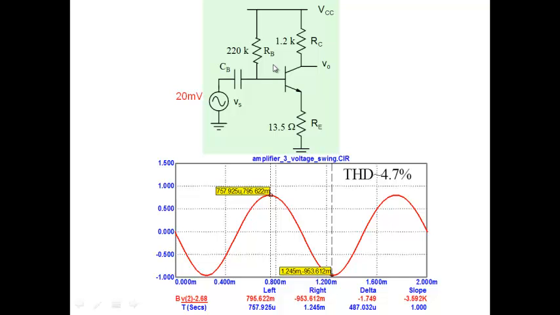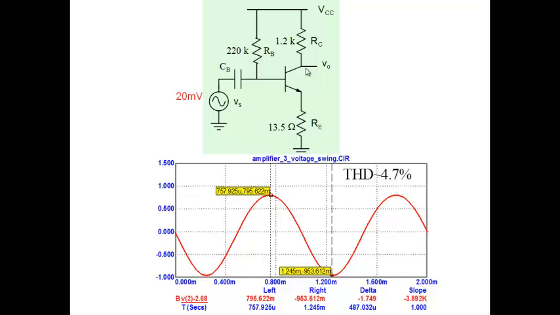So two things are happening here. The signal is getting attenuated, and the overall amplifier is becoming more linear, and therefore the distortion is reducing. Okay, further clarifications?